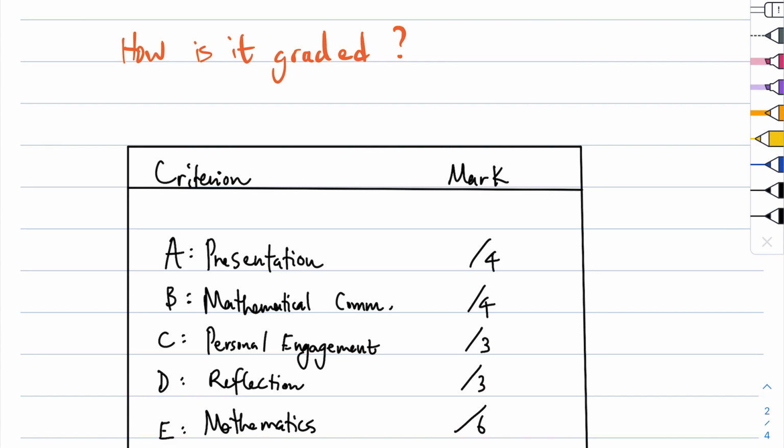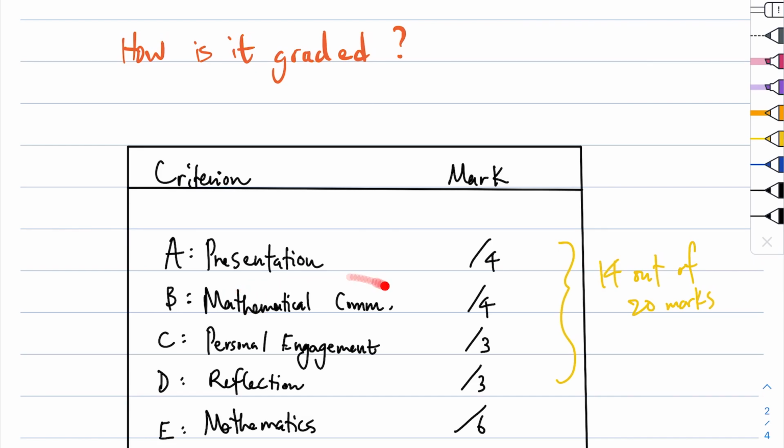Now, here's what's really interesting about this, okay? So the math IA, which is about mathematics, most of the grades come from things that are not mathematics related. I just want to point that out because I feel like not enough people appreciate this, but 14 out of 20 marks are things that are not mathematics related.